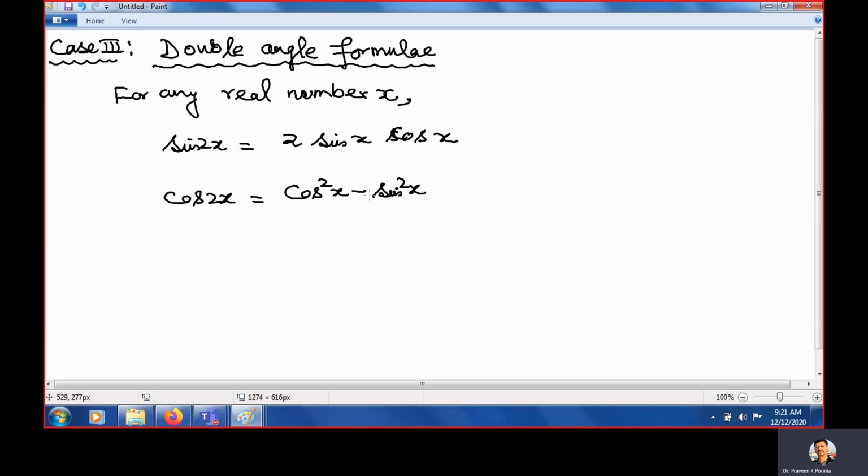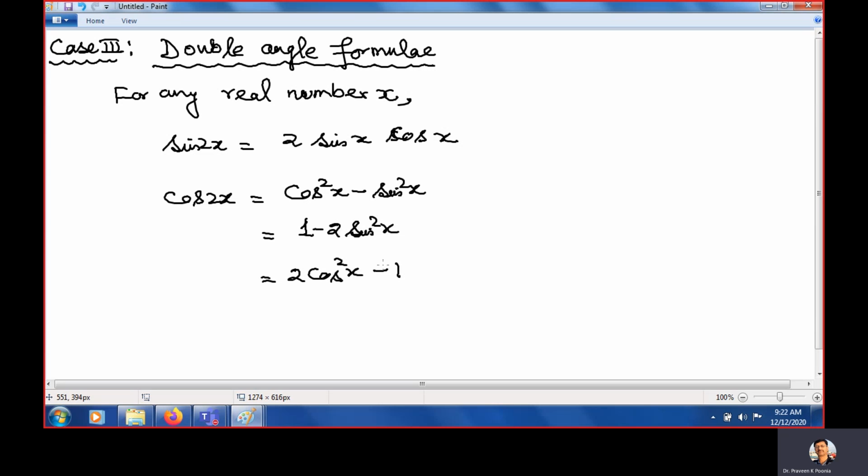All these formulae should be in your brain. Clear? The others are 1 minus 2 sin square x, and twice cos square x minus 1. This is the double angle formula, the 2x formula.